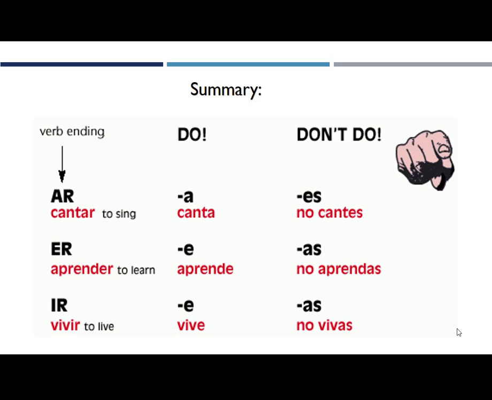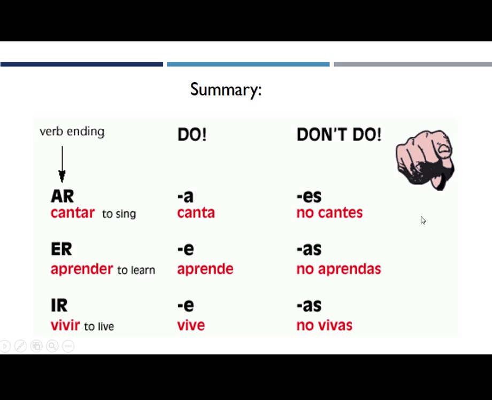And then as a summary, just remember, the affirmative ones are kind of easy. The negative ones, you need to follow those little steps. So if we have a verb that ends in AR, cantar, to sing, sing to me, you're going to just go to the third person. Canto, cantas, canta. That is the form that we're using. Canta, sing that song. Canta esa canción.